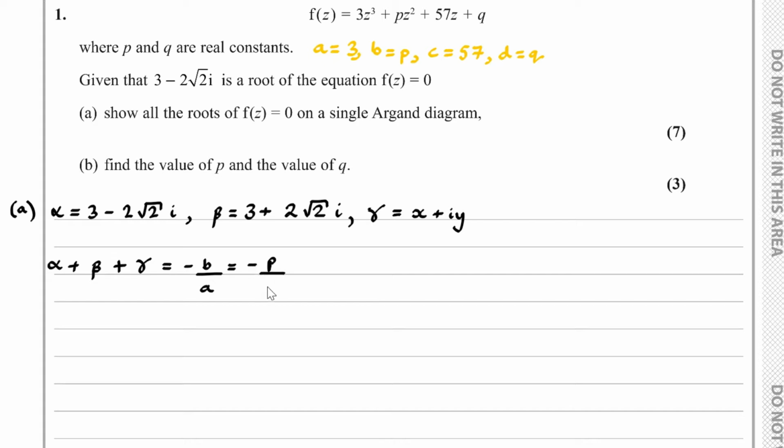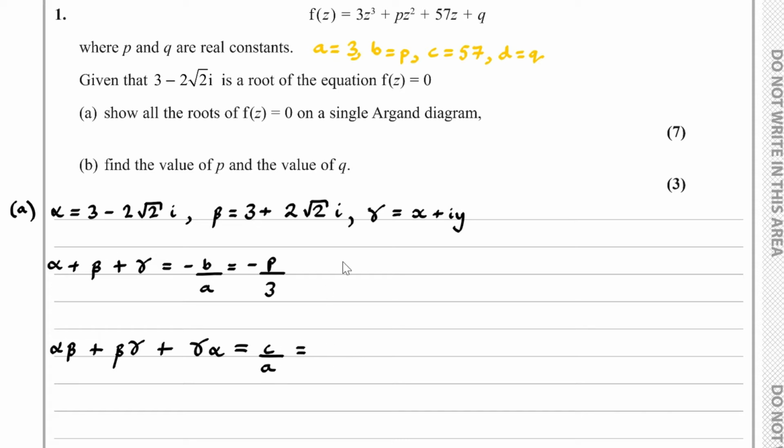Next, for our pair sum, we have alpha beta plus beta gamma plus gamma alpha, that's equal to c over a.